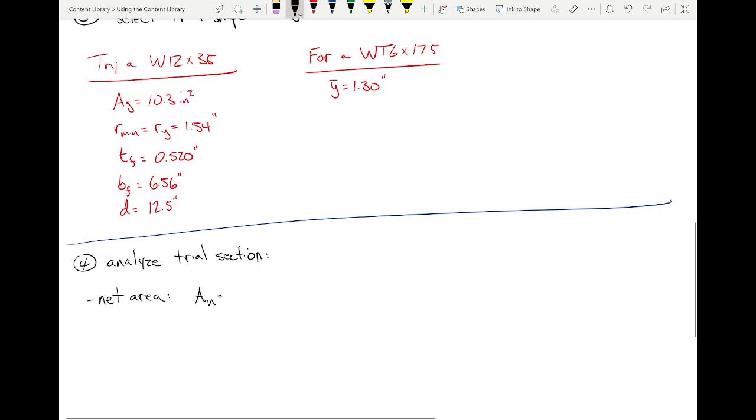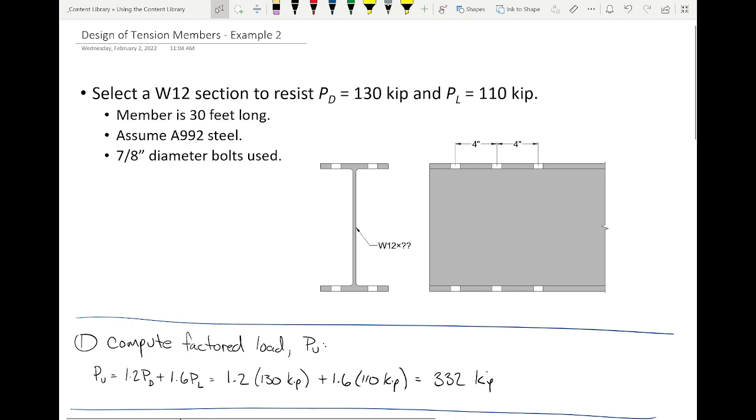How do I compute the net area for this shape? I'm asking you. So, the gross area minus 4 bolt holes. 1, 2, 3, 4. And you are computing those bolt hole areas by taking the hole diameter times the flange thickness, right?